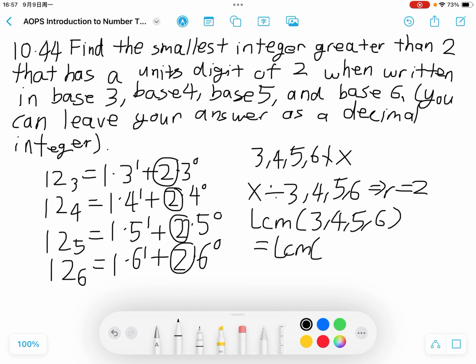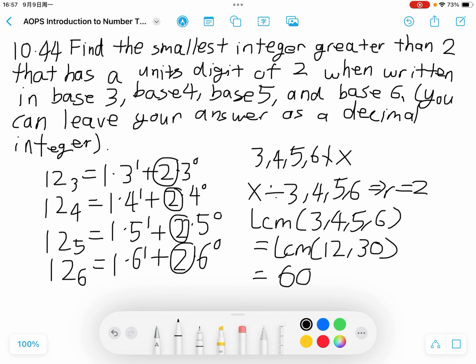So this is basically the LCM of 12 and 30, because the LCM of 5 and 6 is 30. The LCM of 12 and 30 is, let's see, 4 times 5 times 3, that's 60. So 60 is the lowest common multiple.